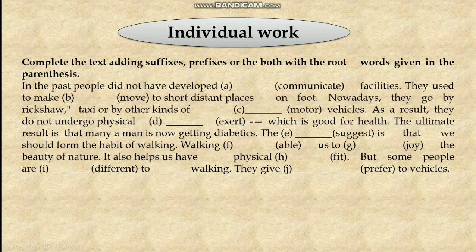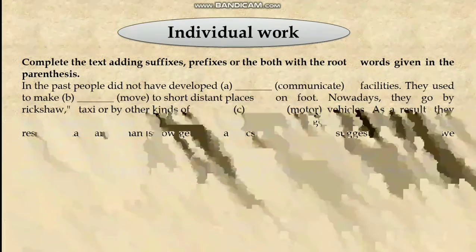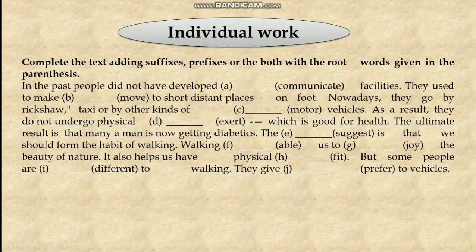Next sentence, it also helps us have physical fit. It's incorrect. The word physical is an adjective, so we need a noun here, and the noun of fit is fitness. But some people are different to walking.